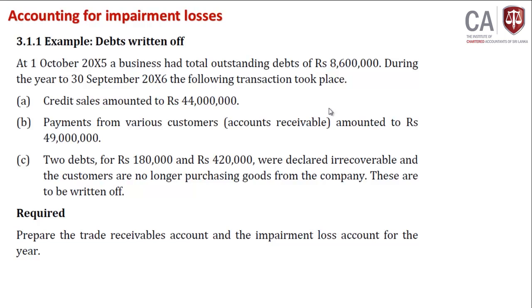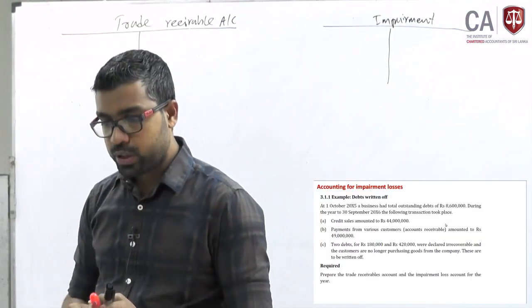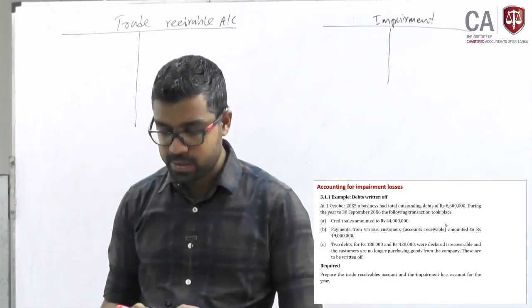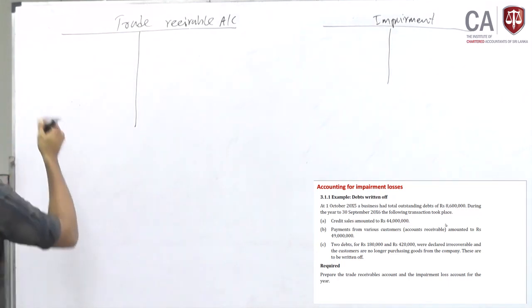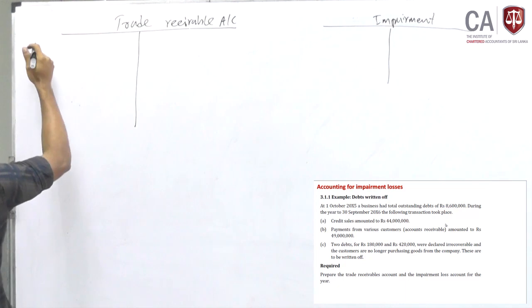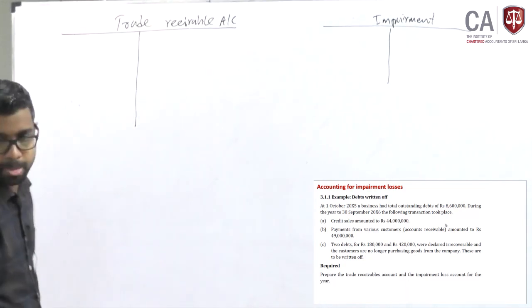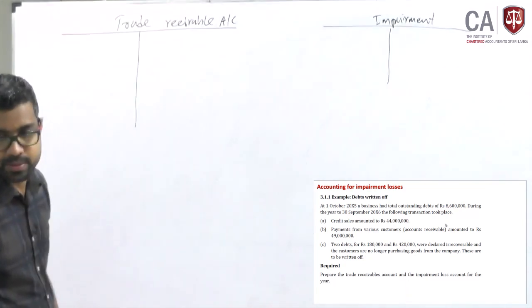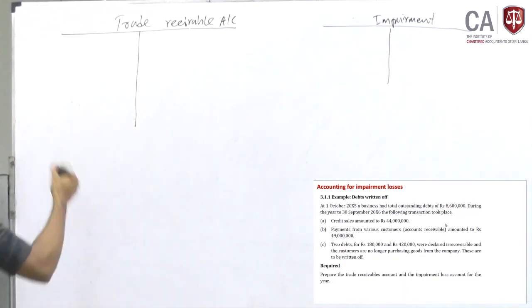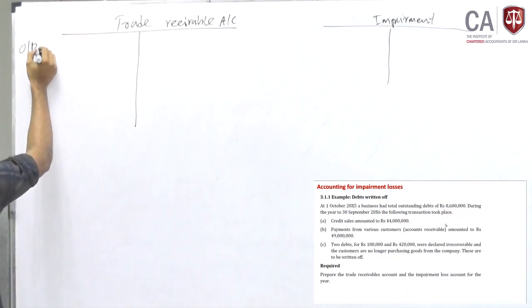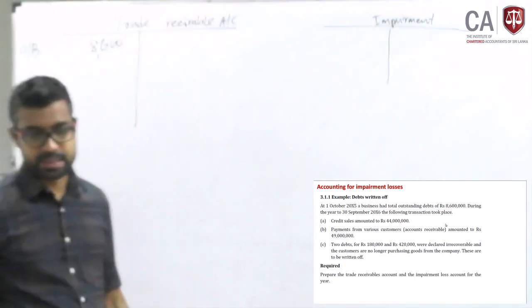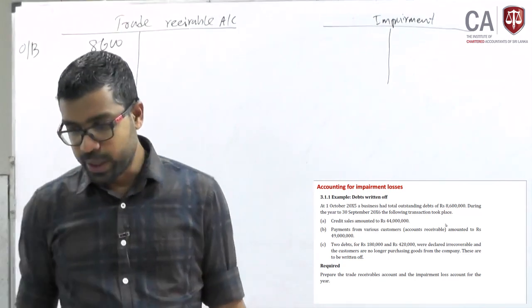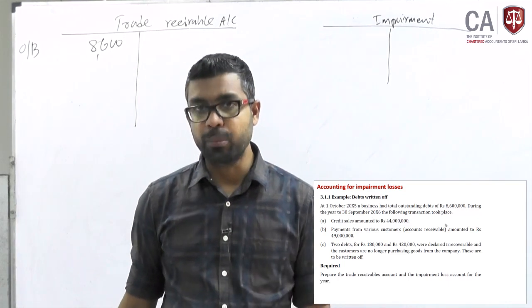Fine. 1st October outstanding debtor balance, the opening balance, is 8.6 million. We will work in thousands, that's easy. Opening balance 8,600. That's given.